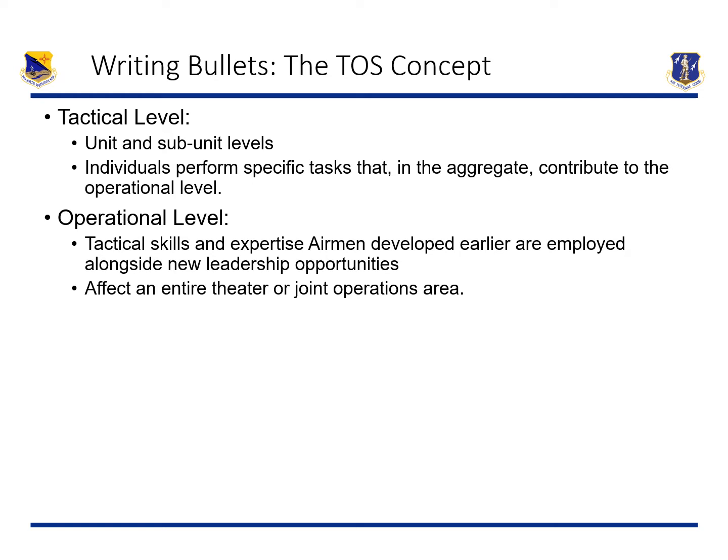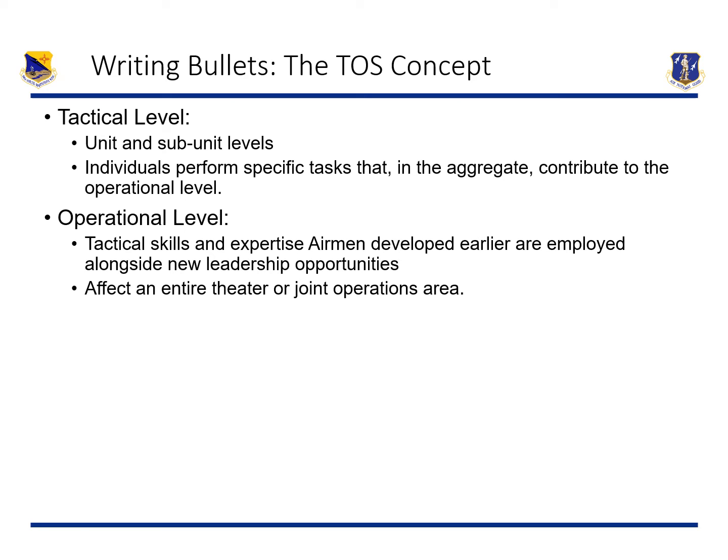Then we have the operational level. At this level, we're starting to see how airmen's skill sets and experience start adding up. Their expertise becomes stronger and they're able to influence a larger scope. Sometimes you'll have actions of NCOs or master sergeants whose effect is at the group level, wing level, or depending on where you are, theater or joint operational areas.